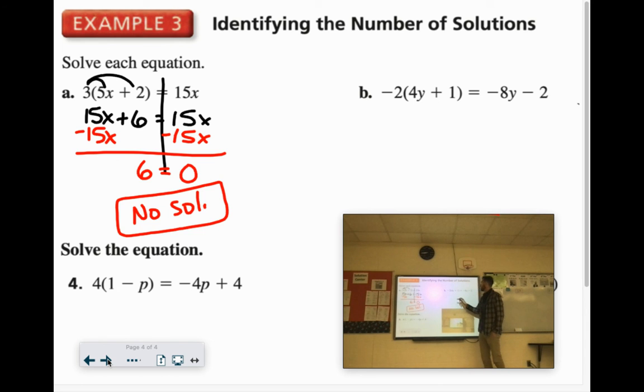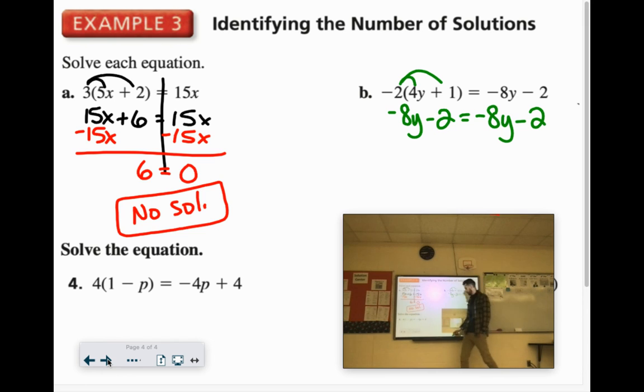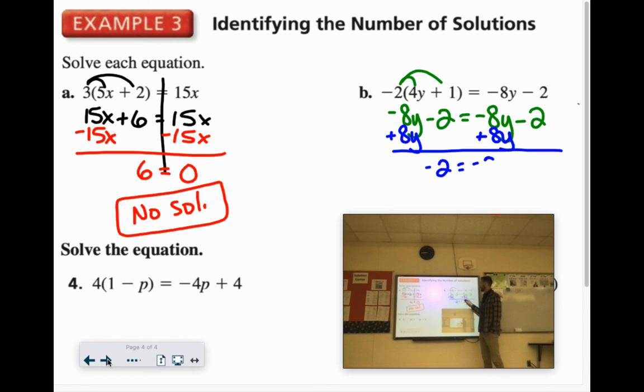So if we did that on this one, we'd get negative 8y minus 2 equals negative 8y minus 2. Huh. Okay. That looks identical on both sides. So if we add 8y, we're left with negative 2 equals negative 2.